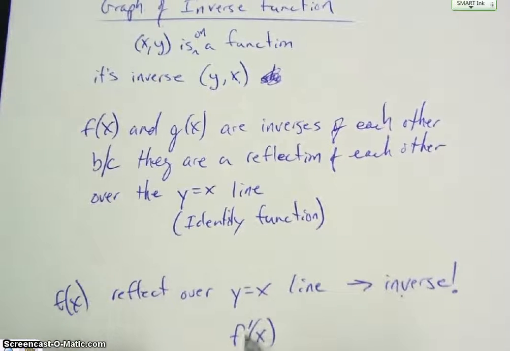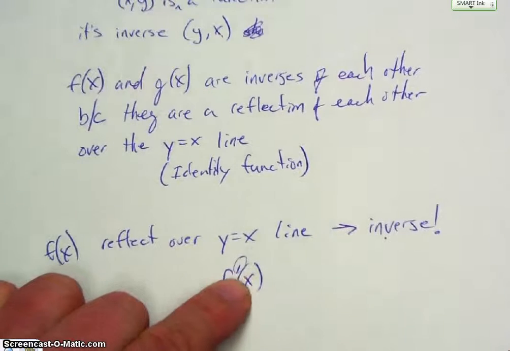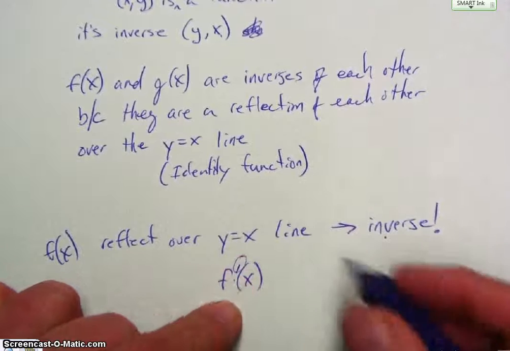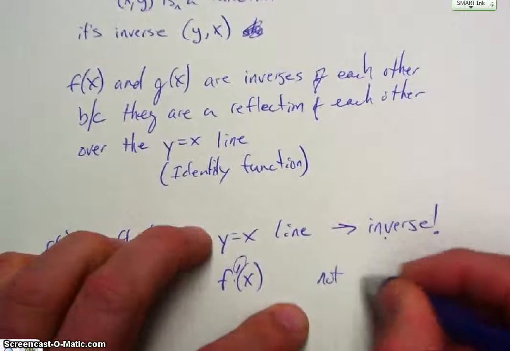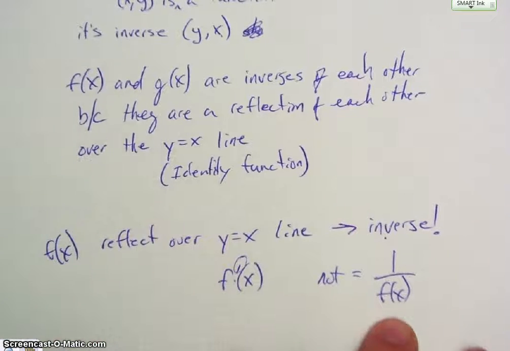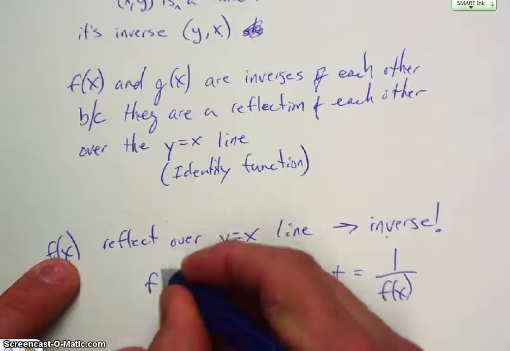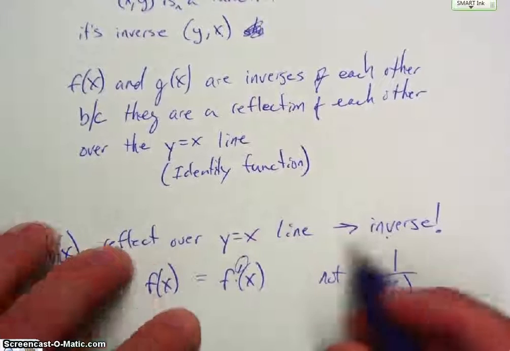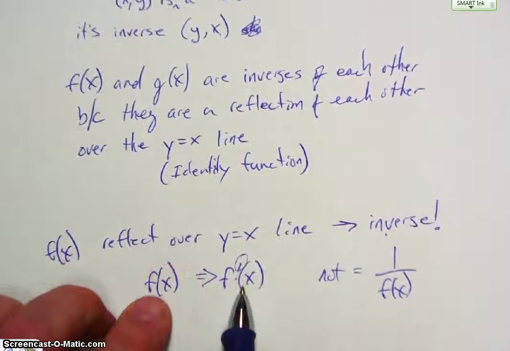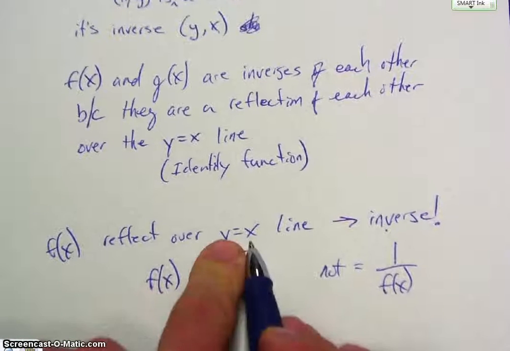This little prime here, a little dash that looks like a quotation mark, means inverse. It does not mean 1 over f of x. It's not the reciprocal. This means inverse. So these two are inverses of each other, which means they are a reflection of each other over the y equals x line.